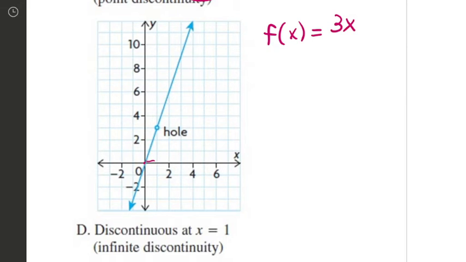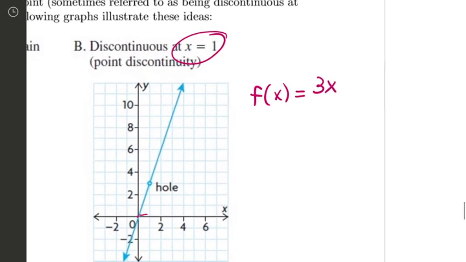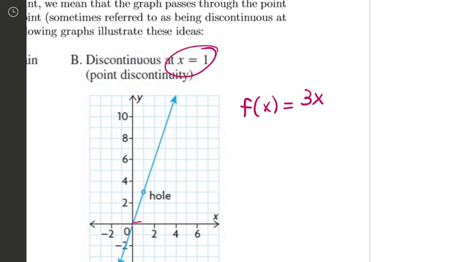When you have a hole, that means you have a rational function with a denominator of 0 somewhere. This hole is at x equals 1. If I had a factor of x minus 1 in the denominator, then when x equals 1, the denominator is 0. To have a hole, you have to have an x minus 1 on top as well.